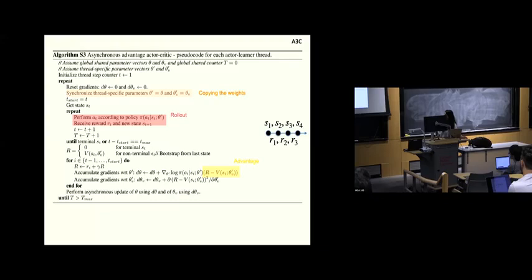They have this complicated way of computing R, but basically if you run the code, R is essentially the approximation of the Q. The R3 for state 3 is the immediate reward plus gamma V of state 4. And the advantage of the third action is essentially this thing minus the V of state 3. You see? Is that clear?